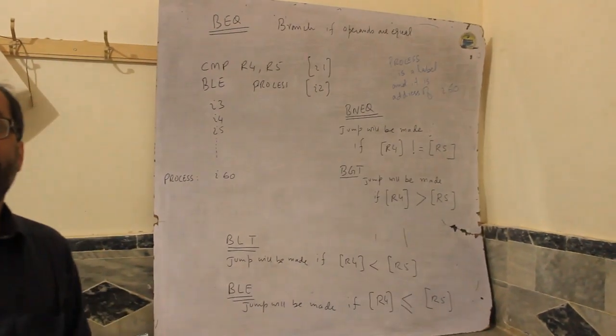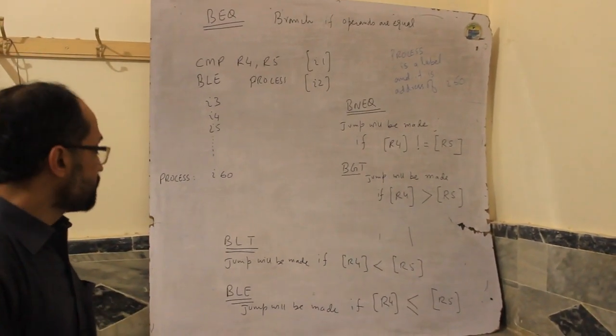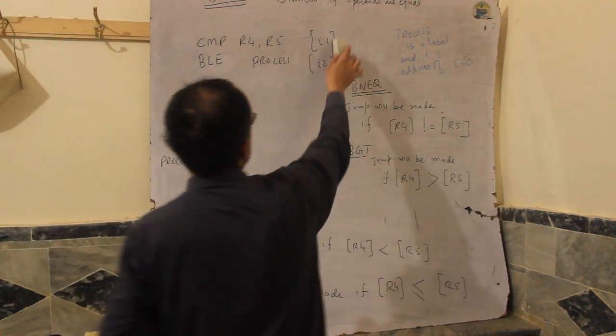Now this is a difference between conditional branch instruction and unconditional branch instruction.